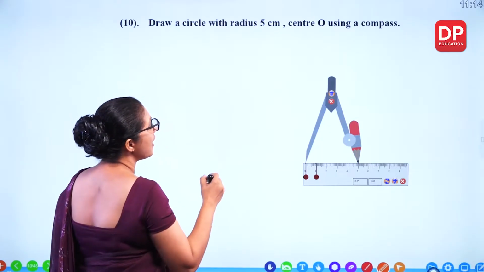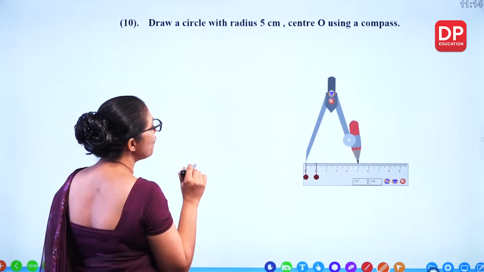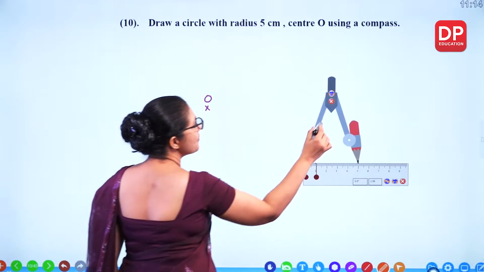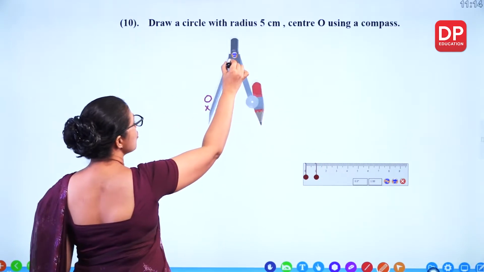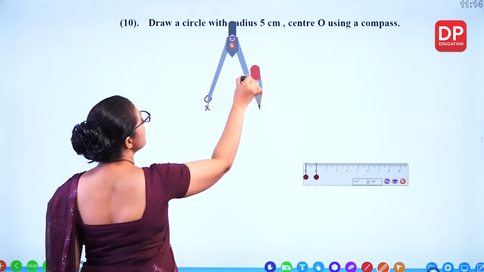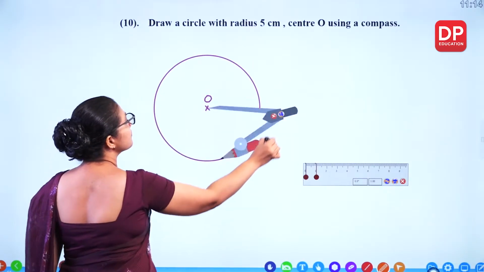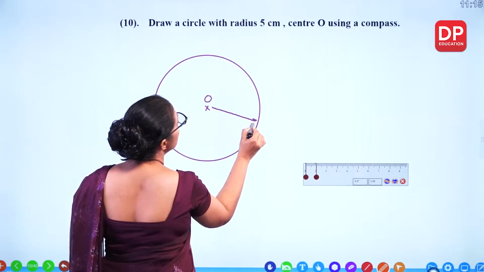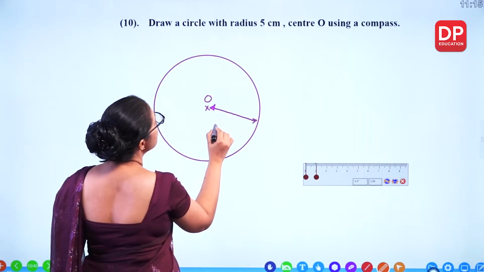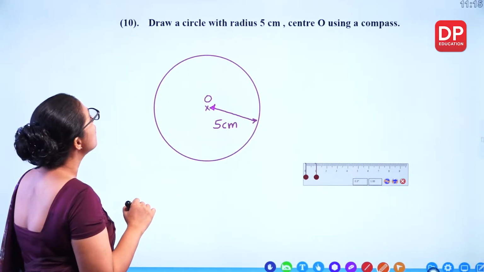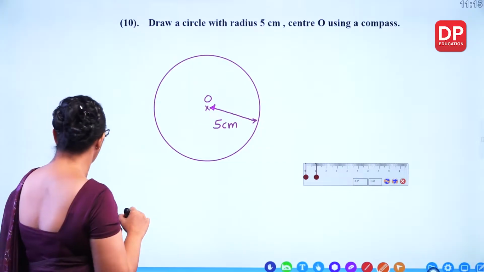And now we can draw. So mark the point O first. Now keep the compass on top of the point O and draw the circle. So this is the circle with 5 centimeter radius. So this is 5 centimeters.